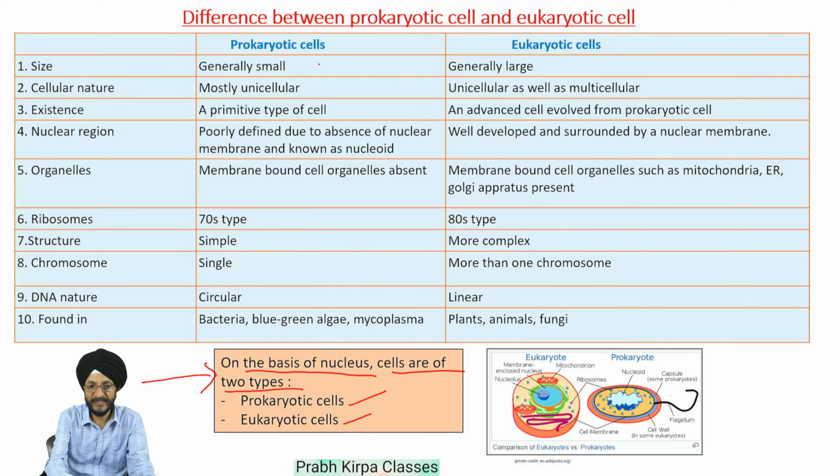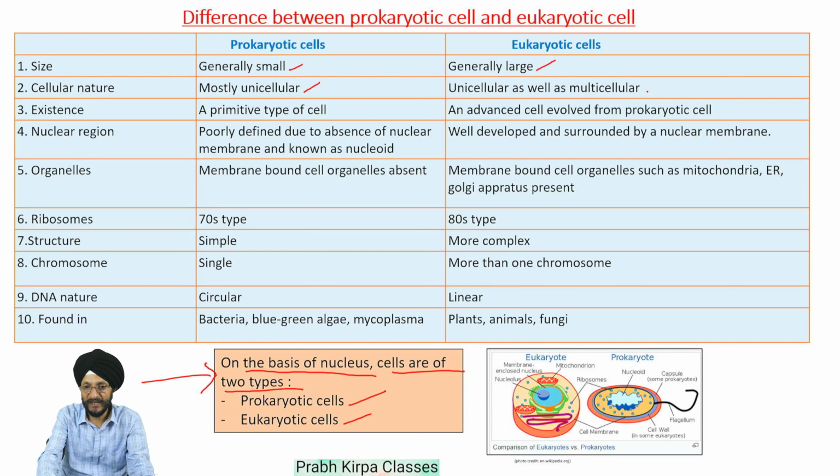So we will discuss the difference between prokaryotic cells and eukaryotic cells. First of all, the size. Size of prokaryotic cells is generally small. Eukaryotic cells are generally large. Prokaryotic cells are mostly unicellular, that is single-celled organisms.